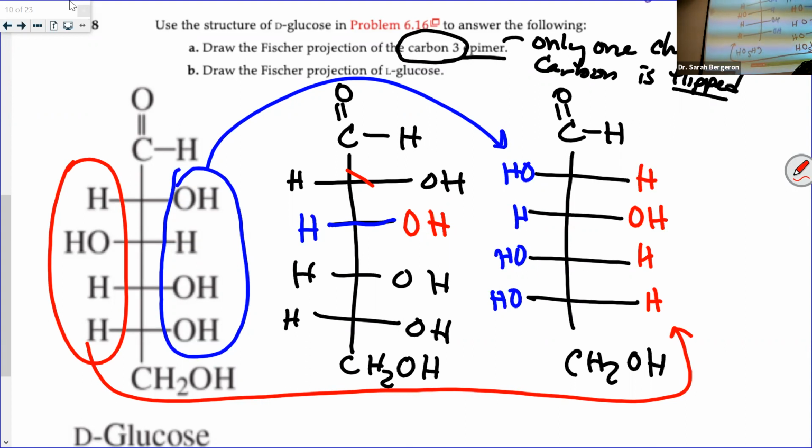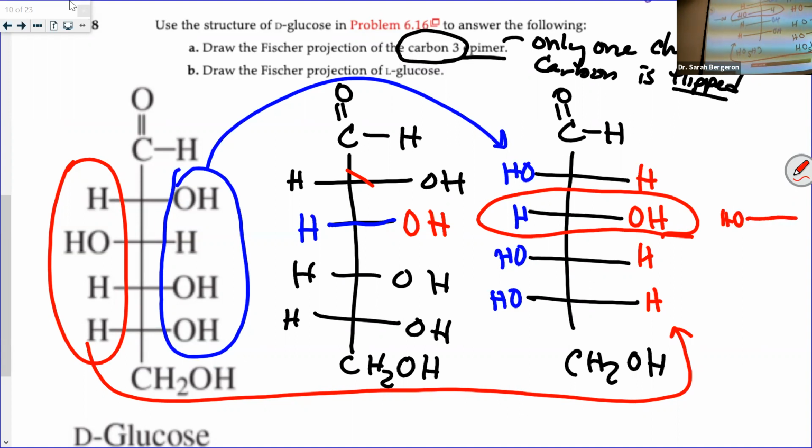How would my drawing be different if I said draw the Fischer projection of the carbon-3 epimer of L-glucose? What would be different? I would just, for carbon-3, flip that one, right? So I would have another molecule, and this side would be OH, this side would be H, and everything else would be the same.